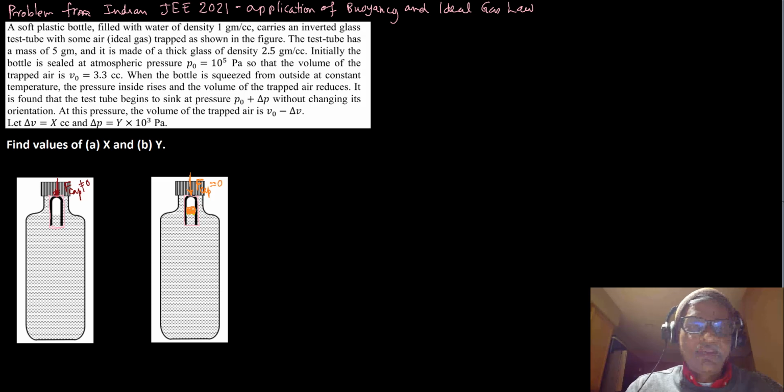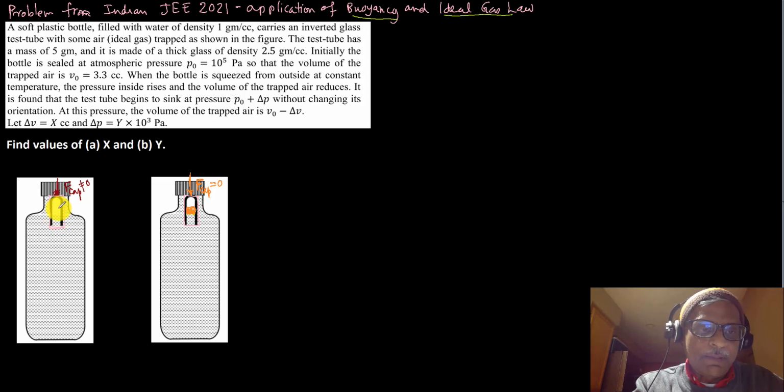So today we have a problem from Indian JEE Physics Advanced 2021. It's a very interesting application of buoyancy and the ideal gas. You have a bottle and you're working with a glass test tube vertically up, and some water goes in there.